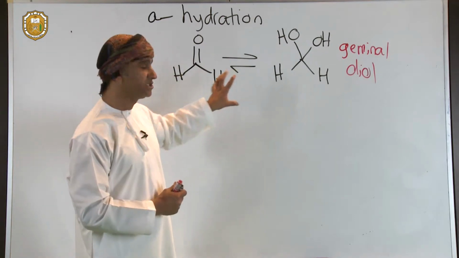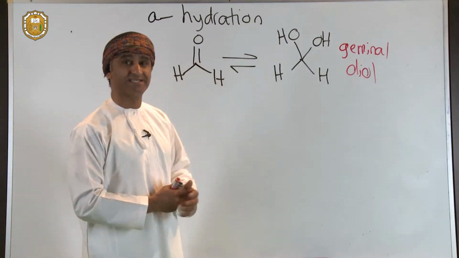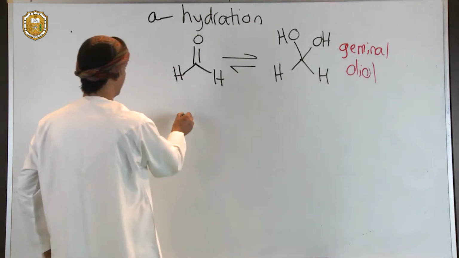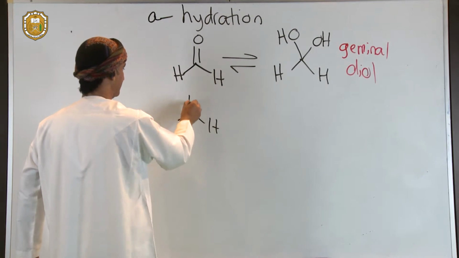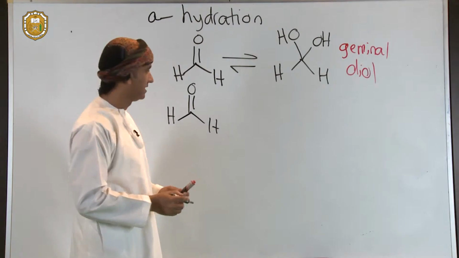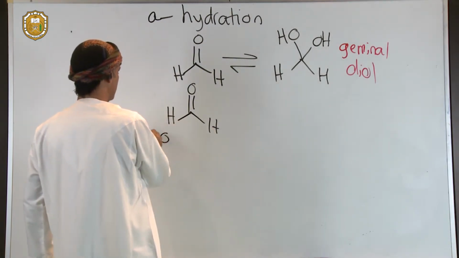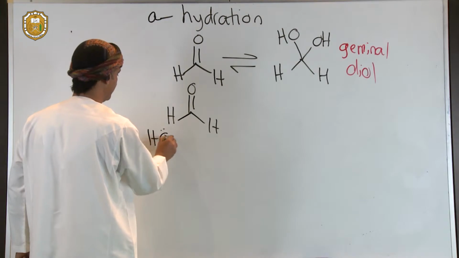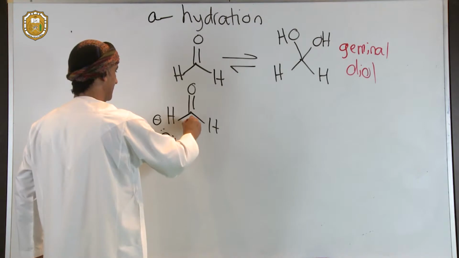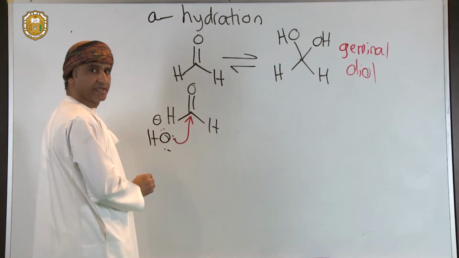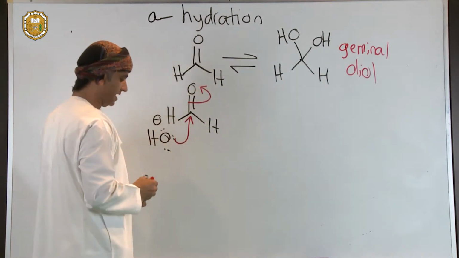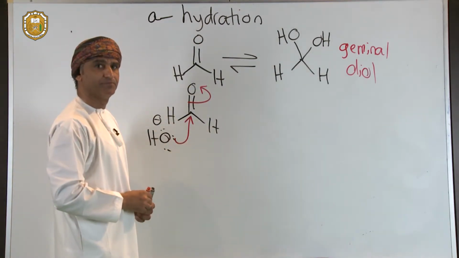Now this hydration reaction can actually be catalyzed by an acid or a base. So if we take formaldehyde, a base such as the hydroxide ion, for example, can attack. That's the hydroxide ion, which attacks the carbon of formaldehyde, and this carbon-oxygen double bond simultaneously breaks.